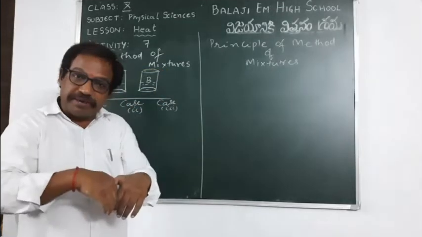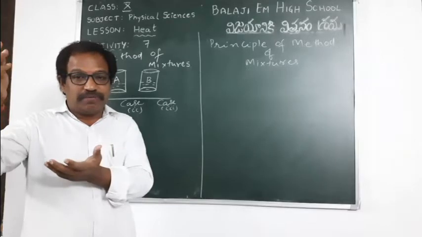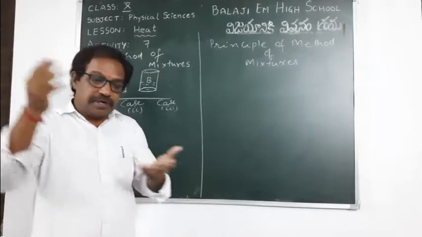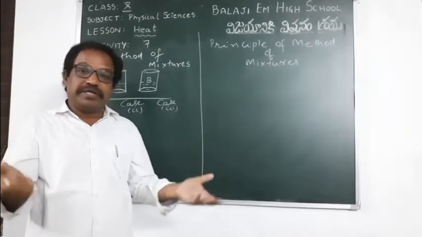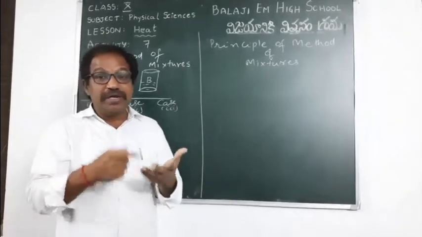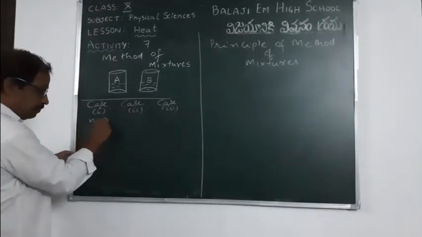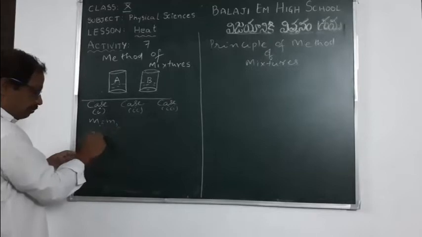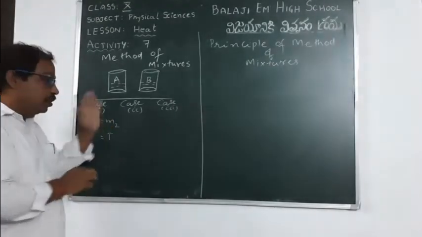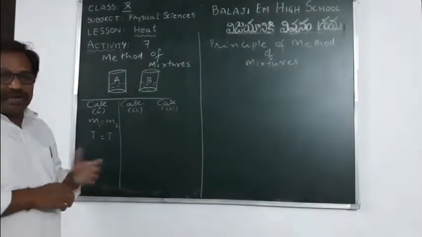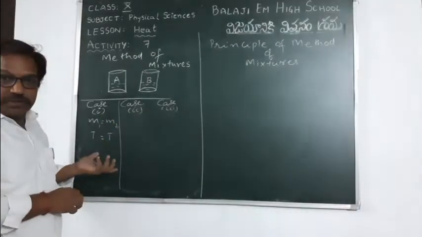When you mix them, normally, heat is a form of energy that transits from a body at a higher temperature to a body at a lower temperature. When both the temperatures are the same, they will automatically be in equilibrium. So in case 1, their masses are the same and the temperature is also the same. Do you observe any change here? Normally no, because their masses are the same and the temperature is also the same.